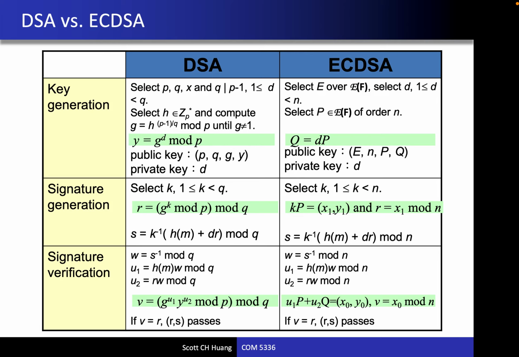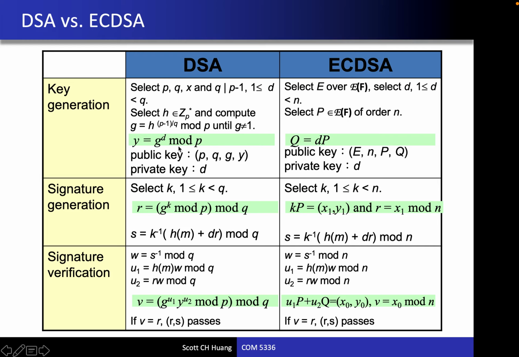Let's take a look at ECDSA. ECDSA is a little different. In DSA, we choose Zp, and then we choose a subgroup. Here, for ECDSA, we simply choose a point G on a curve, of order n. We don't need to use any subgroup; we can just regard the subgroup as the group itself.